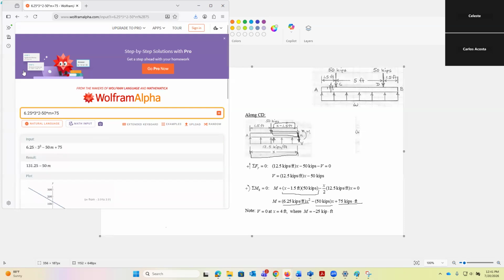I'm not asking for m, I'm asking for 3. So at 3, you get negative 18.75. So you can get different values. You can use your calculator for this, obviously.